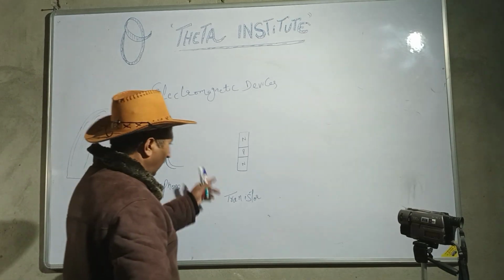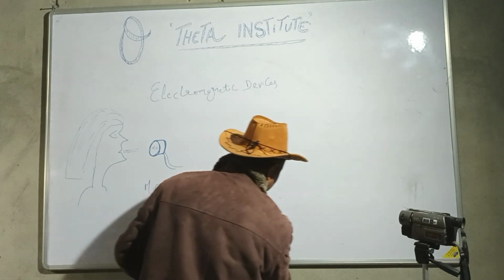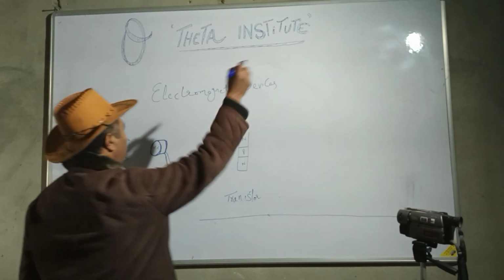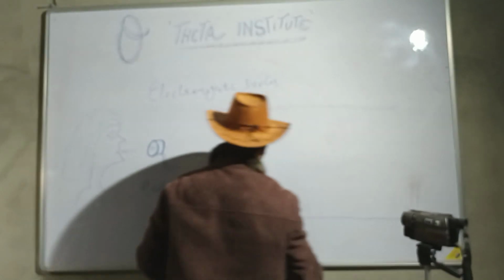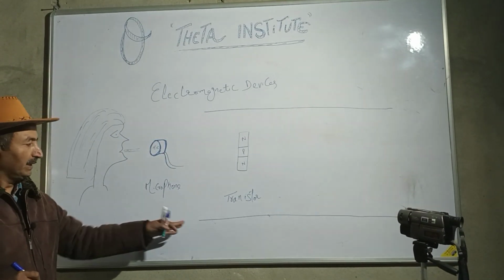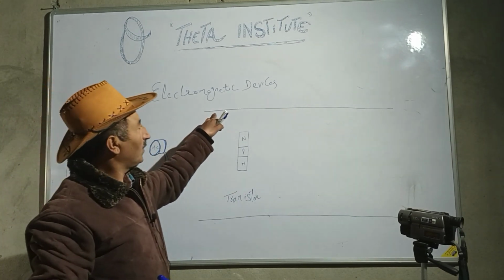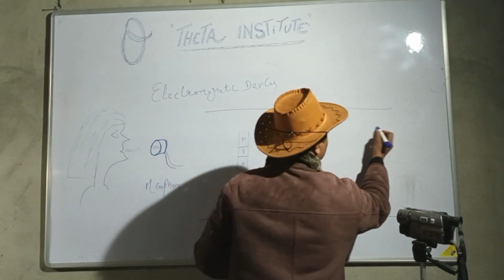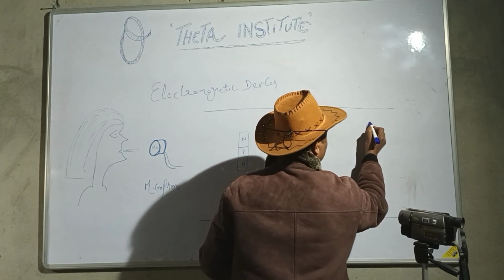And how it does is that, let we take this one, the negative wire, and upper we take a positive wire. How is it negative and positive? Because we will apply negative voltage of battery to this wire and positive end of battery to upper wire. Let it be 4 cells.